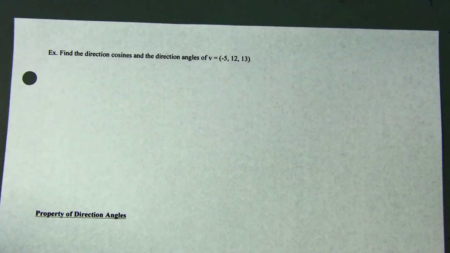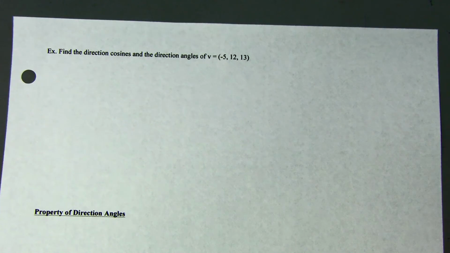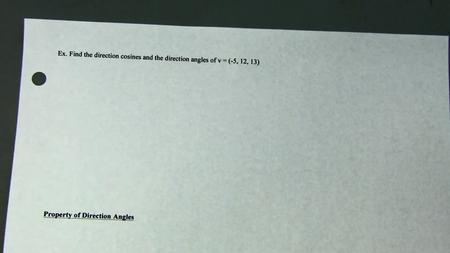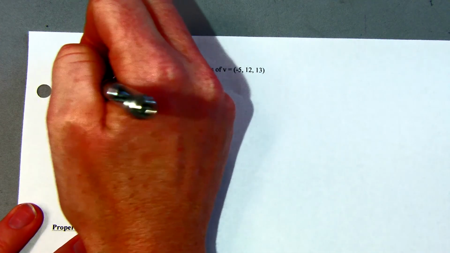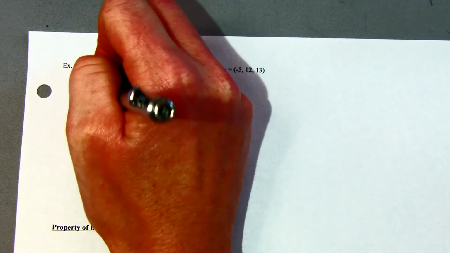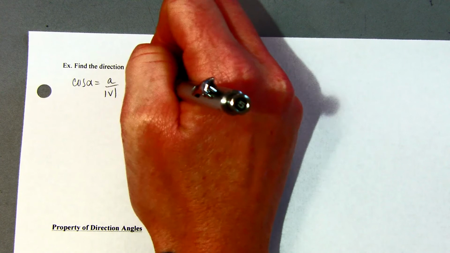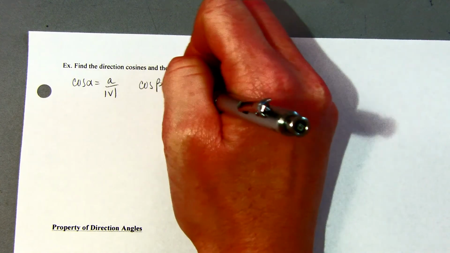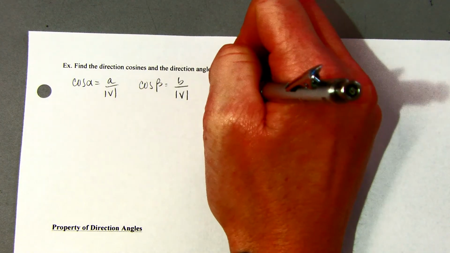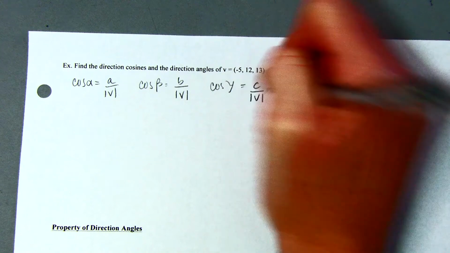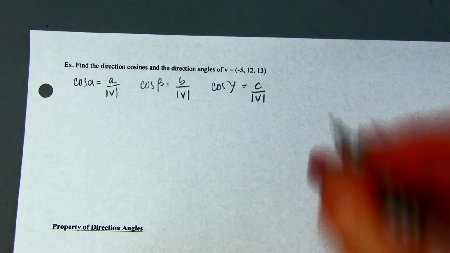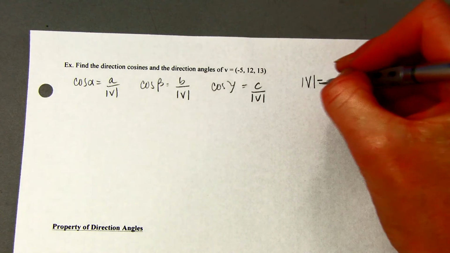Okay, so here's an example. Let's find the direction cosines and the direction angles of vector v. The cosine of alpha is going to be A over the magnitude of v. Cosine beta is going to be B over the magnitude of v, and cosine gamma is going to be C over the magnitude of v. So first of all, maybe we should find the magnitude of v.